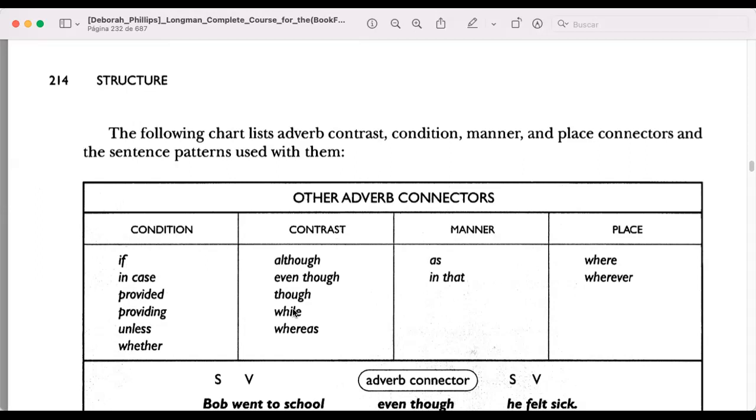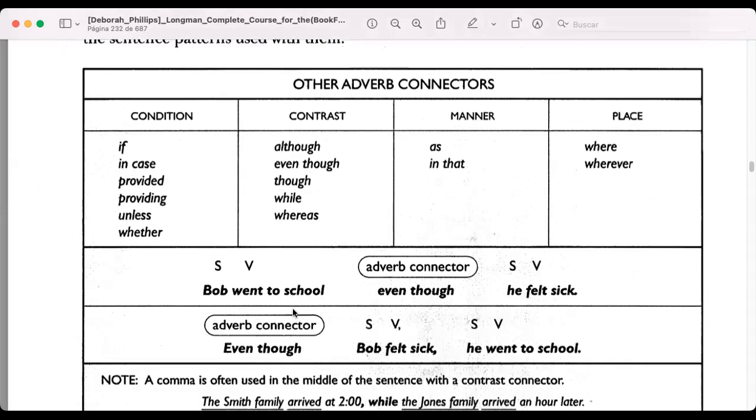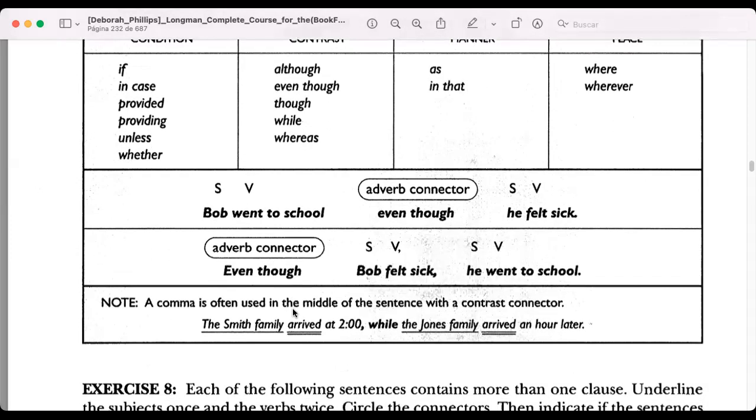Okay, so we have this example: Bob went to school, even though he felt sick. First sentence, Bob went to school. The second one, he felt sick.